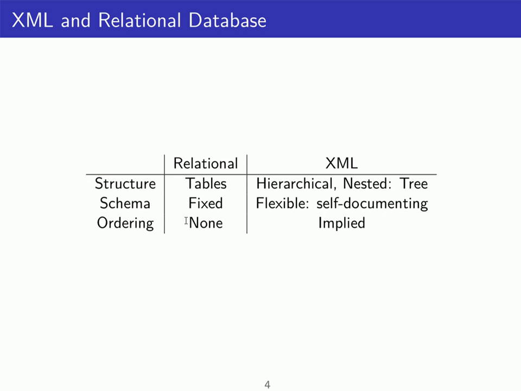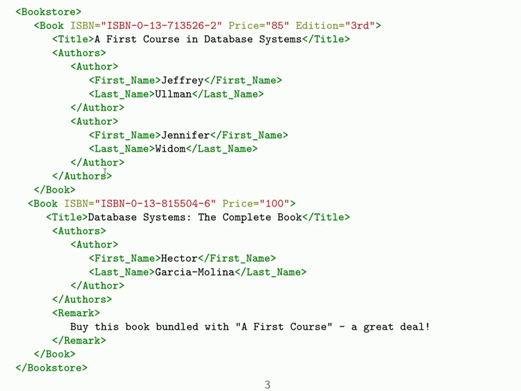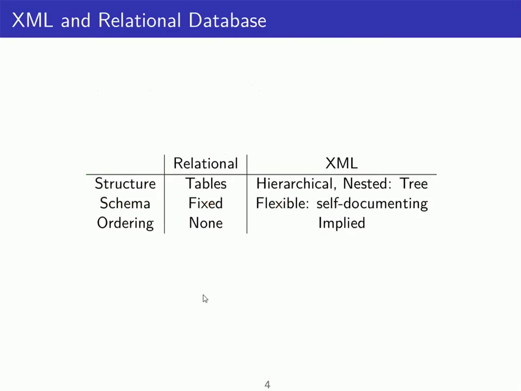When a query comes, all the elements will be returned in sequential order. Though it may not be used by the user, the order is preserved. So this is a comparison of XML and relational database.